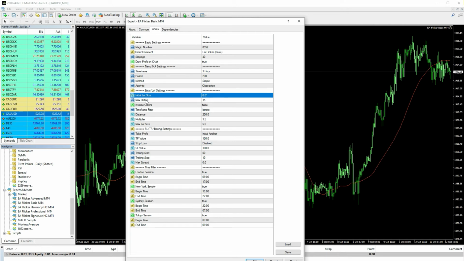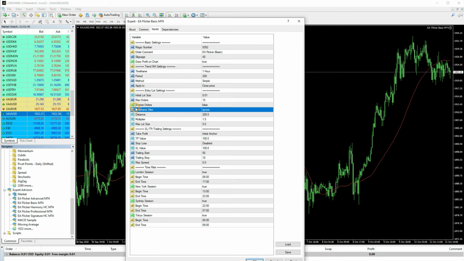Now, max orders means that in a certain session, how many orders can Flickr open altogether. A total of 15 buys and a total of 15 sells. That's what this means, in a basket. So in one session, which people normally use as a basket, you open a maximum of 15 orders.